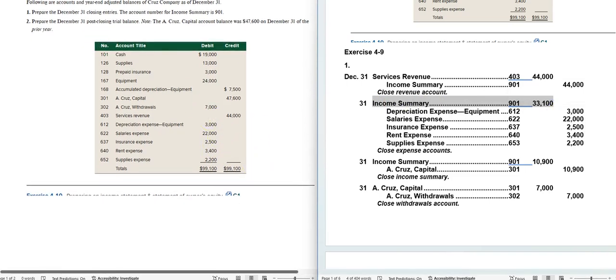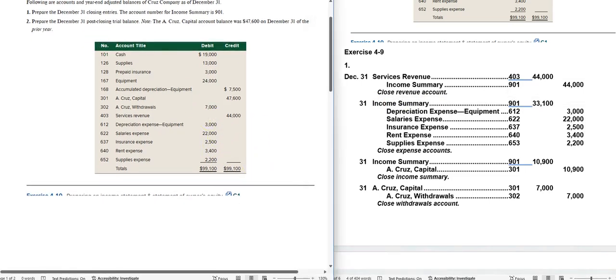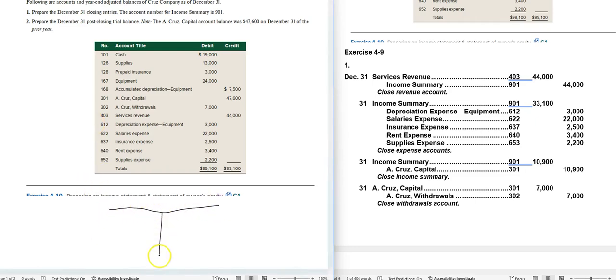So what I have done now in those first 2 closing entries is, if I were to see this in, excuse my scribble, not very good with the drawing with a mouse, but if this is my income summary account, that first closing entry credited this account for $44,000.